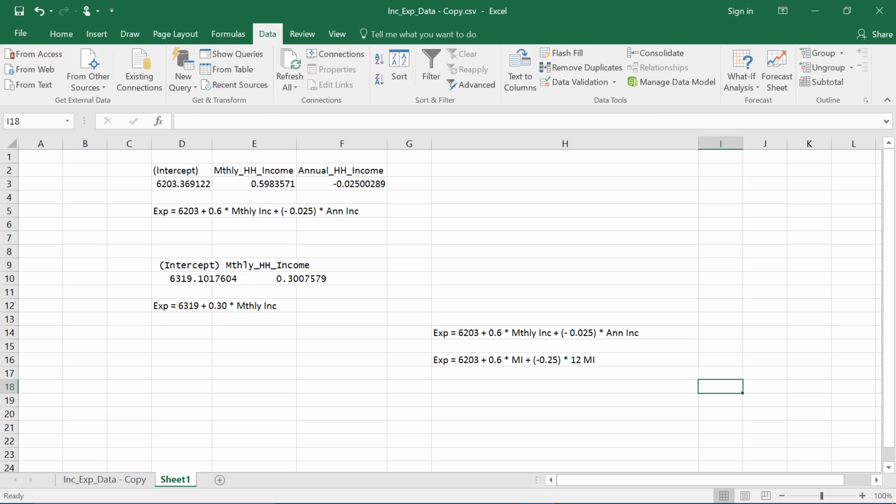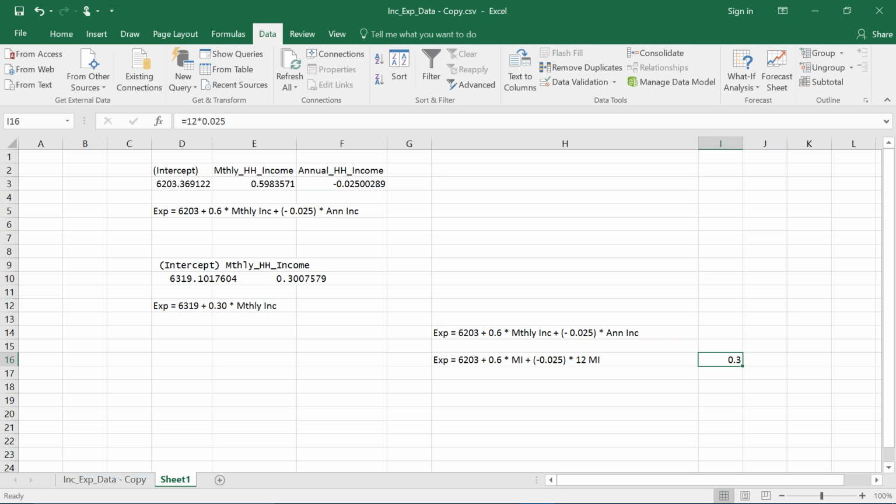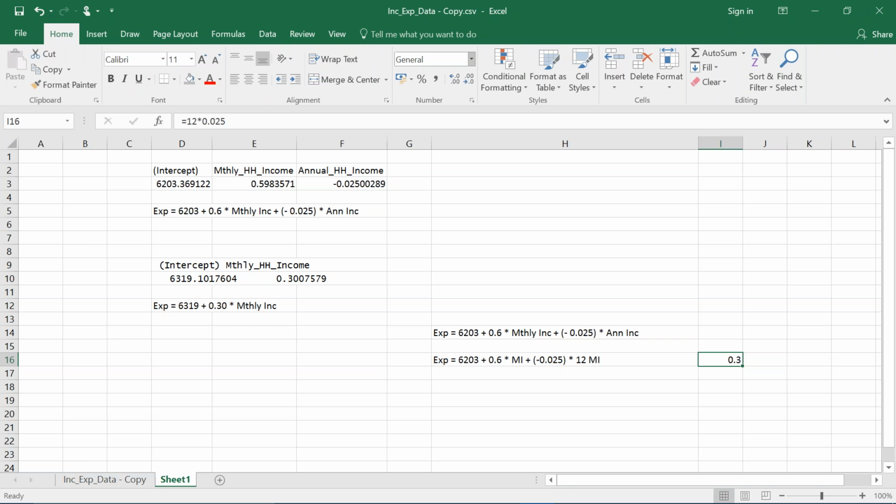Sorry, this has to be 0.025. So let us just separately do that calculation. 12 star 0.025, this is 0.3. Let me see at one decimal place also, 0.30. So I can replace this part, which is minus 0.025 star 12, by 0.3, right?